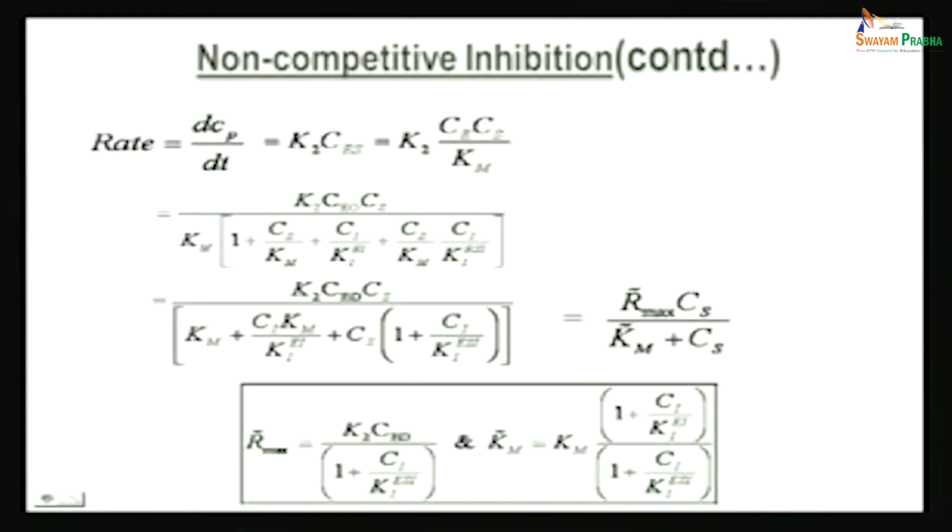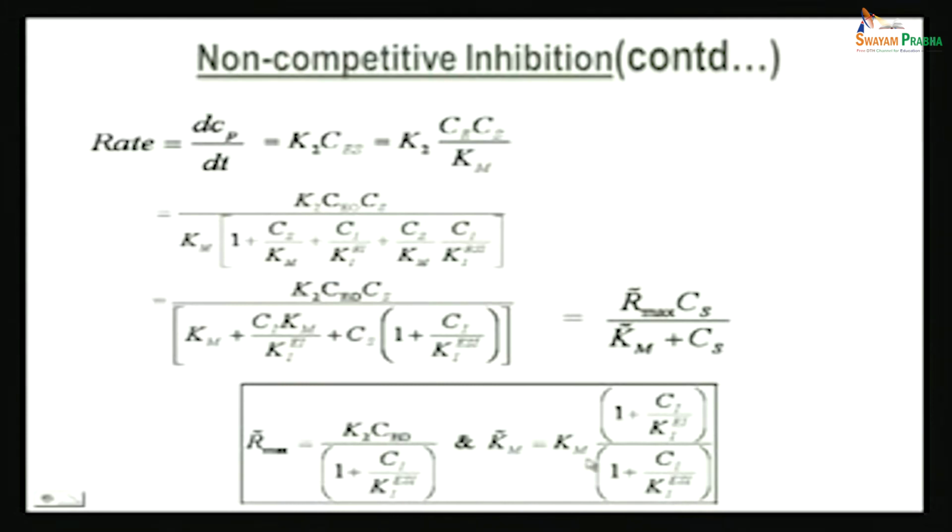So, you divide the numerator and denominator by this term, 1 plus Ci over K ESI. Then you get your R max tilde as K2 Ce naught over 1 plus Ci over K ESI, and your Km tilde as the old Km times 1 plus Ci over Ki, that comes from here, divided by 1 plus Ci over K ESI. Okay, fine.